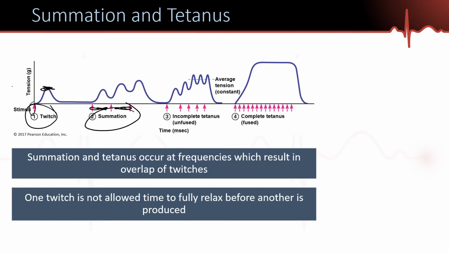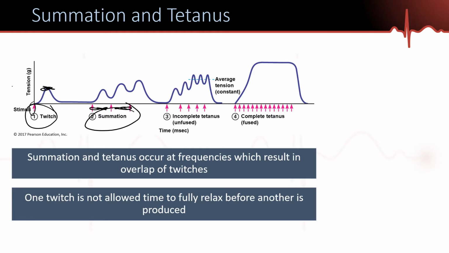So in between the action potentials, calcium begins to be reuptaken, and relaxation begins to set in. And as long as that's going on, you really can't get to what we call true tetanus. The muscle fiber will begin to generate more force because with each action potential that arrives, more calcium will be released, and a little bit more calcium will elevate, and a little bit more calcium will bind to more troponin, and more myosin will interact.